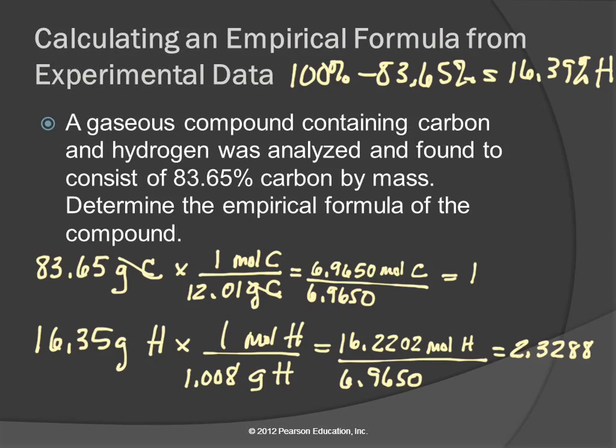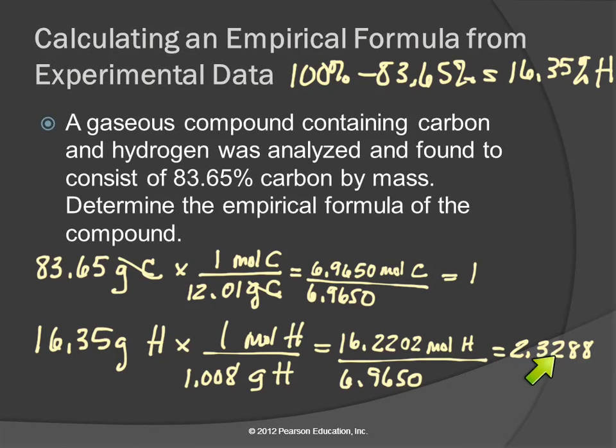Oh, I wrote a wrong number up here. I'm sorry. Because 100 minus 83.65 is 16.35. And then I got it right down here. Who knows?